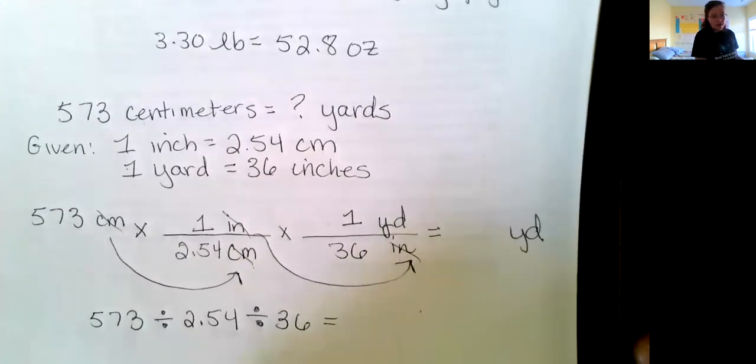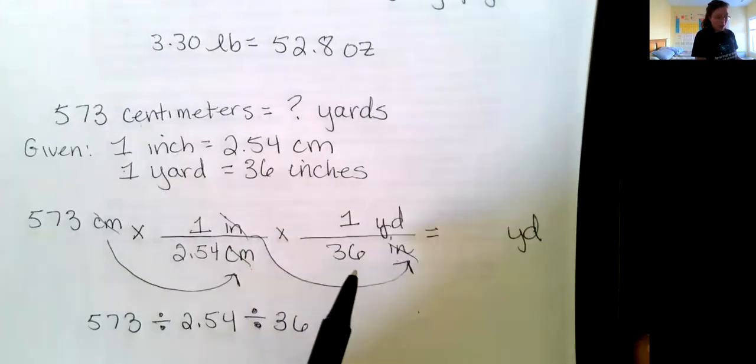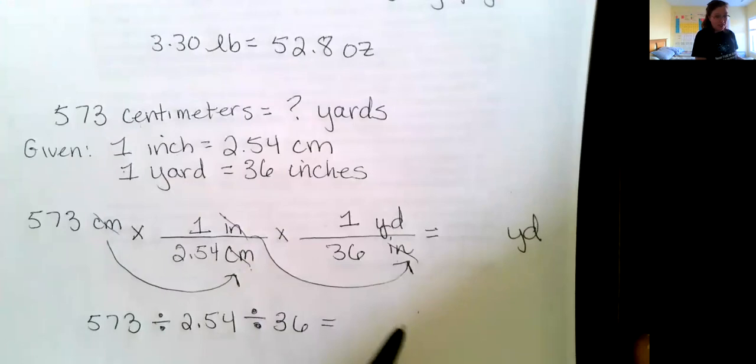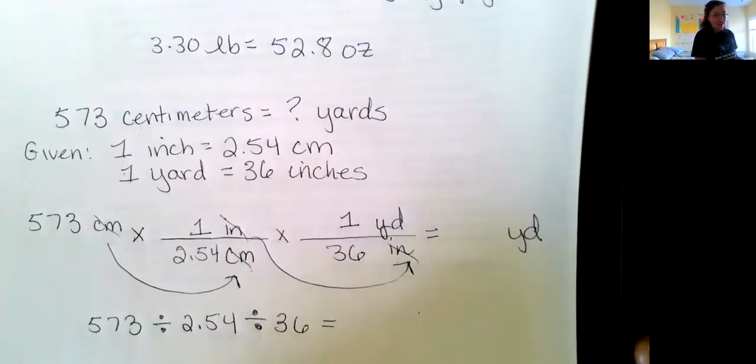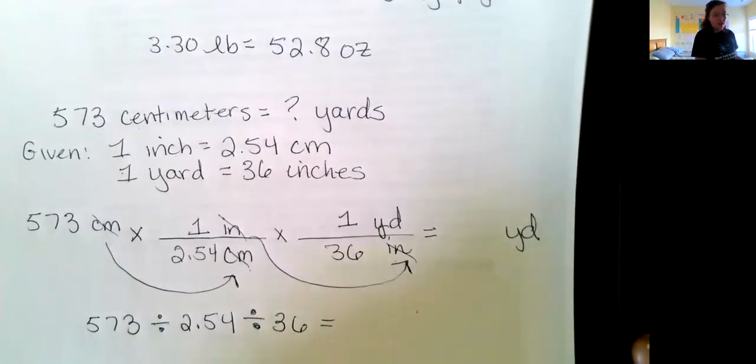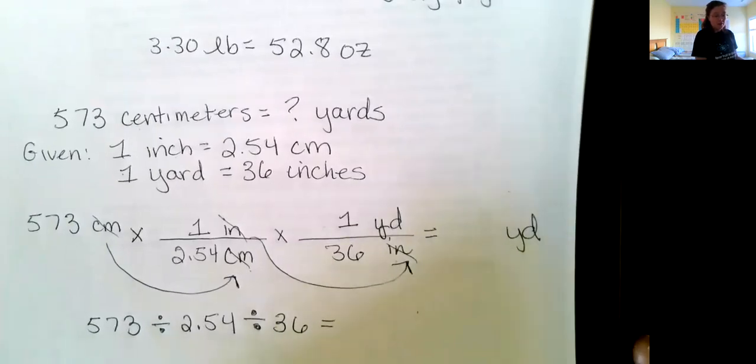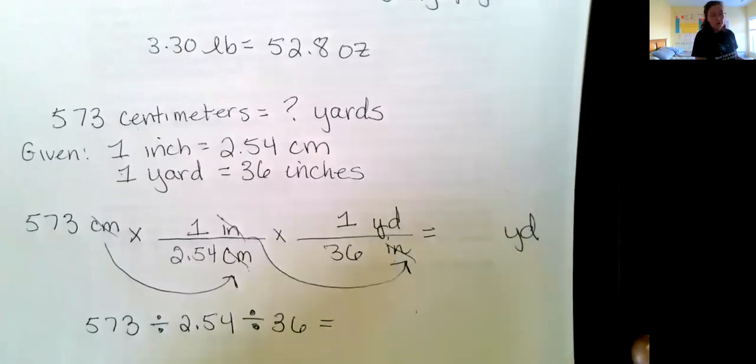Do you see how much faster that is than doing the whole multiplication on top, multiplication on bottom, and dividing? It's also less likely of having typos. Every time I have to type in an old value into my calculator, not only is it time consuming, but it also leads to errors, or at least more opportunities for errors.